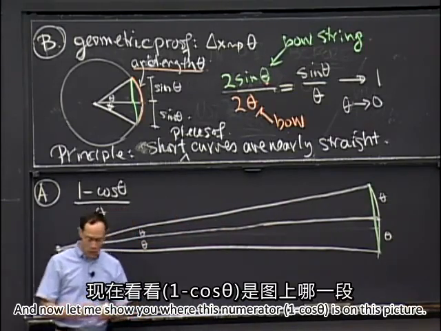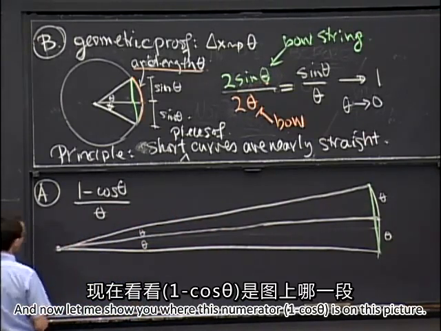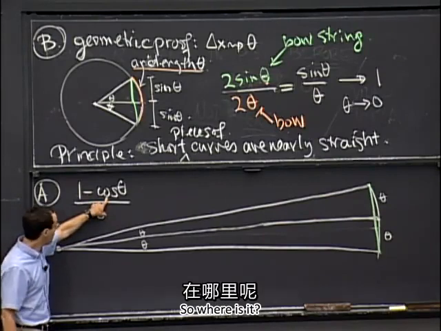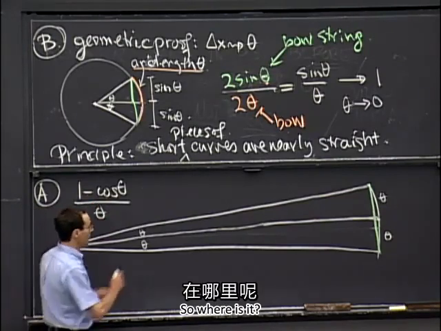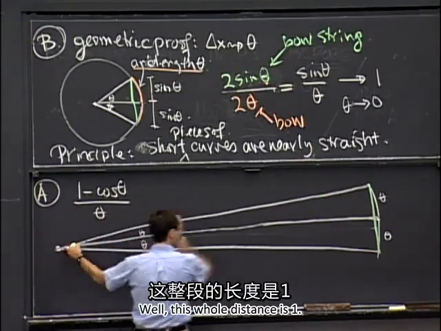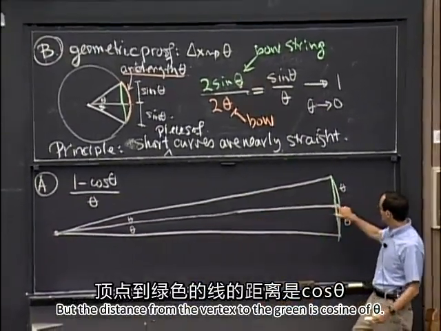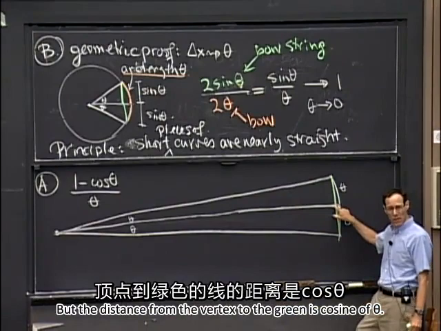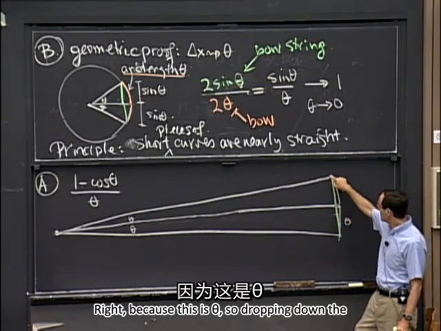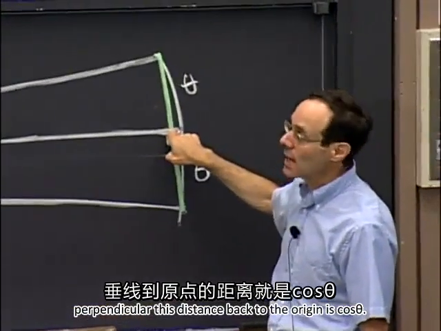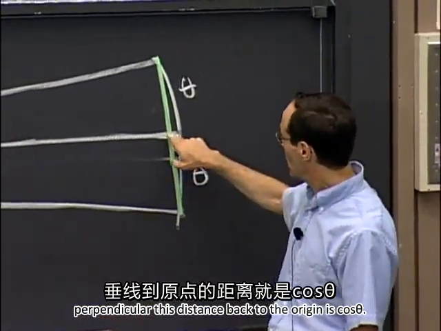And now let me show you where this numerator, 1 minus cosine theta, is on this picture. So where is it? Well, this whole distance is 1, but the distance from the vertex to the green is cosine of theta, right? Because this is theta, so dropping down the perpendicular, this distance back to the origin is cosine theta.